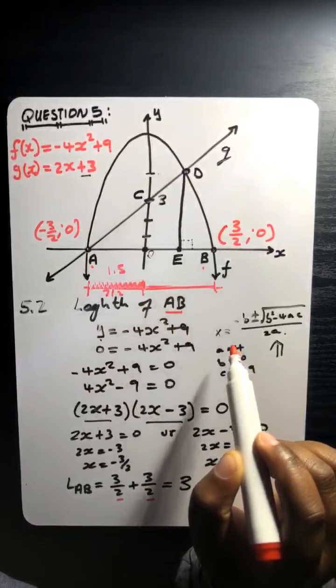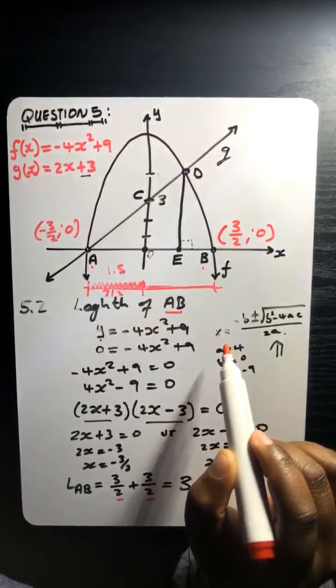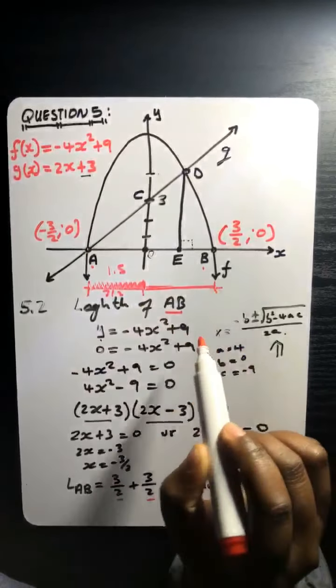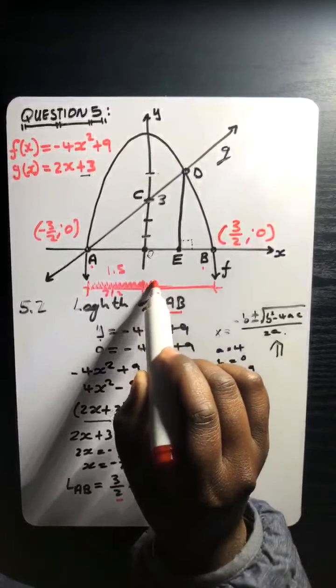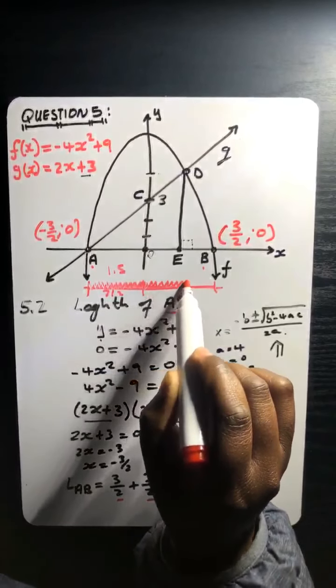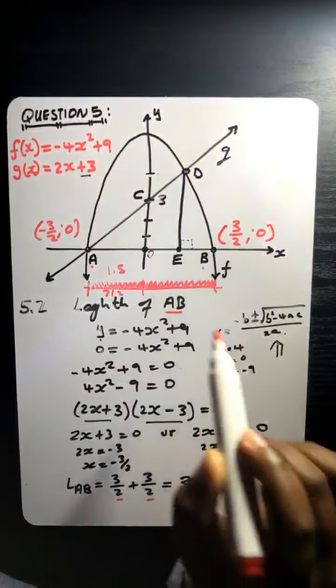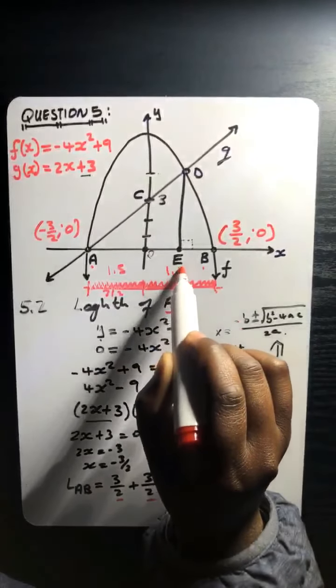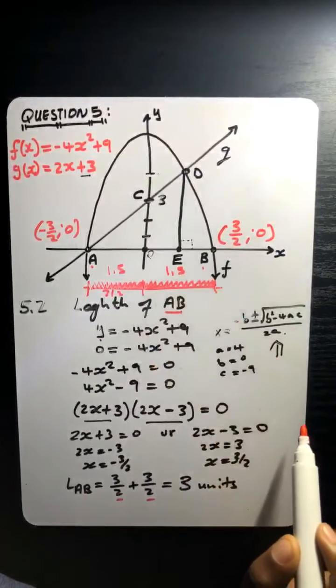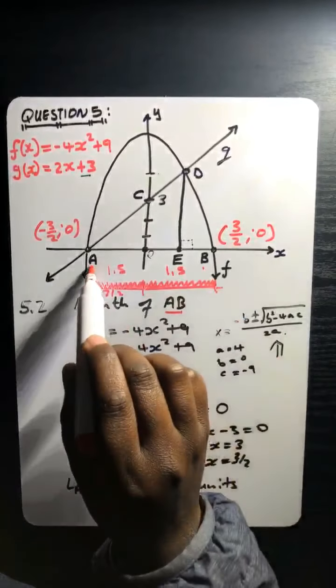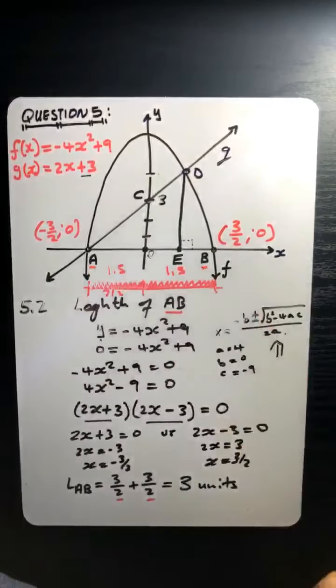So how long are we still supposed to walk to get to B? Lerato, in total, how long did we walk from A to B? What is that length, Lerato? It's 3 units, sir.